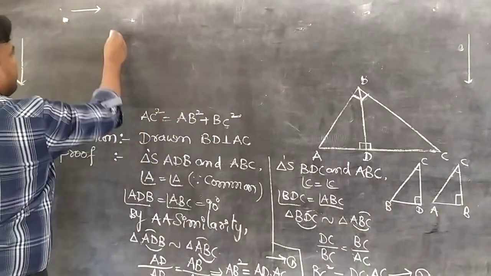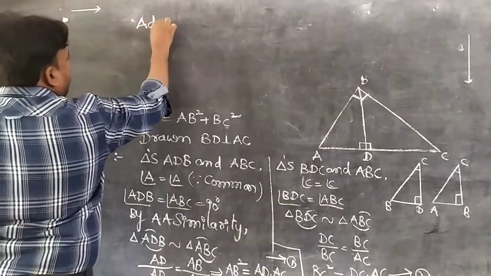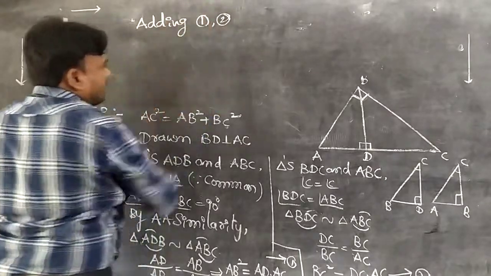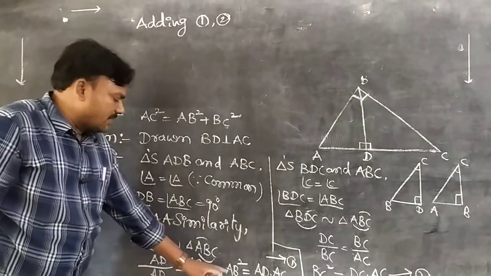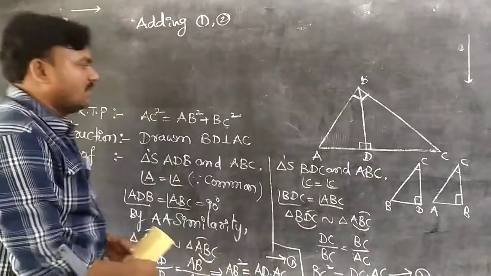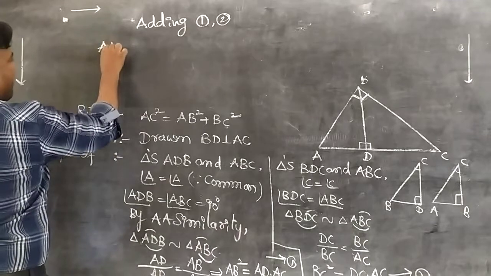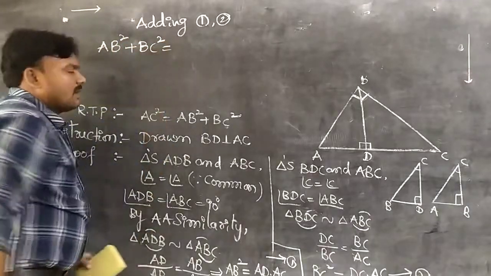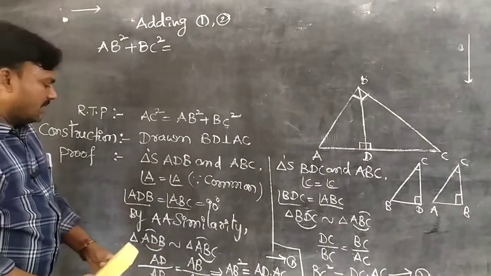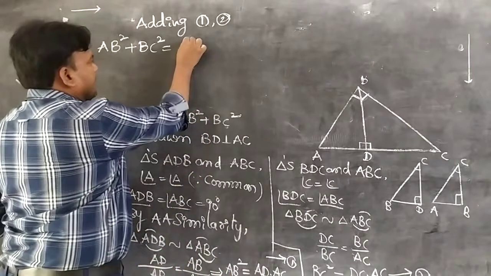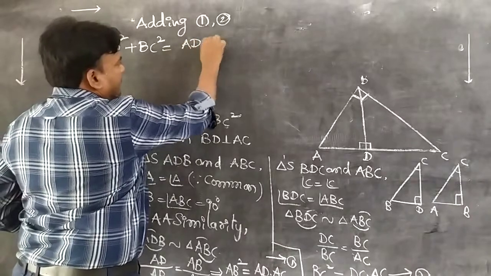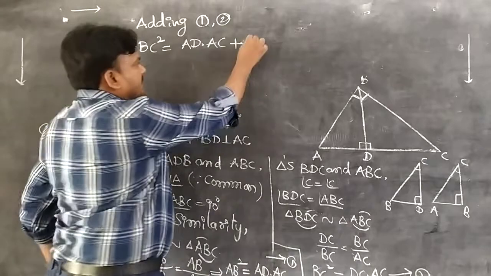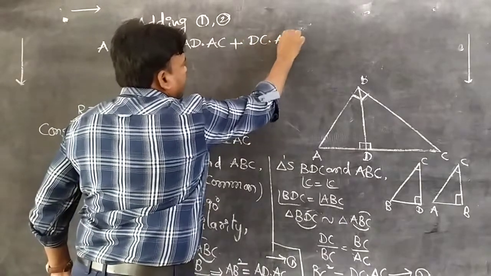So here, adding equation 1 and equation 2. First the left values: AB square plus BC square. What is AB square plus BC square? AB square value is AD into AC, plus BC square value DC into AC.